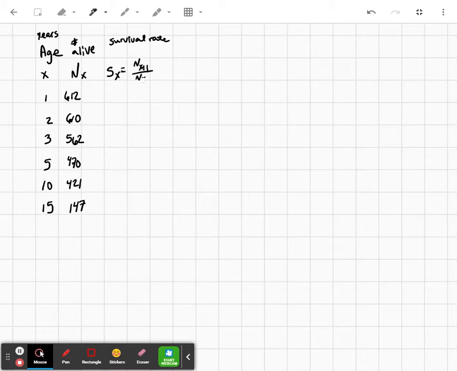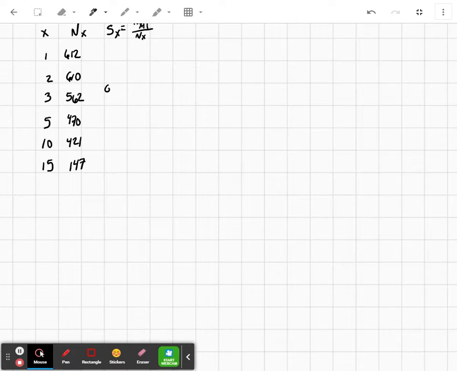So in this case, we're going to take 610 and we'll divide that by 612, and that will be equal to, if we're not rounding, 0.99, and then I'll round that one.